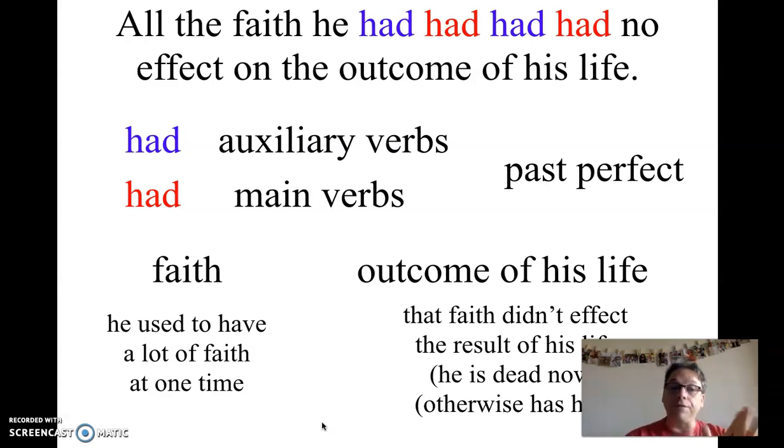Okay? So the faith that person had when they were alive, or when they were younger, because we're also talking about the culmination, the ending of their life, did not have an effect on this. So these are the two events. The faith they had when they were alive, when they were younger, had no effect, right?